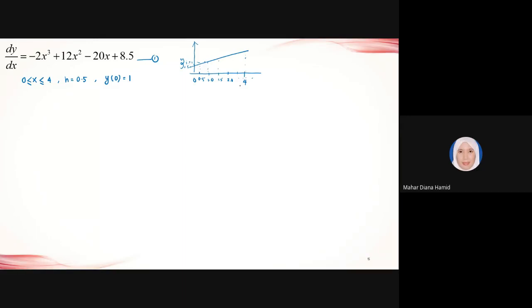And at the end, we are going to see what is the value of yi plus 1 at xi plus 1 equals 4. This would be the value that we wanted to get.